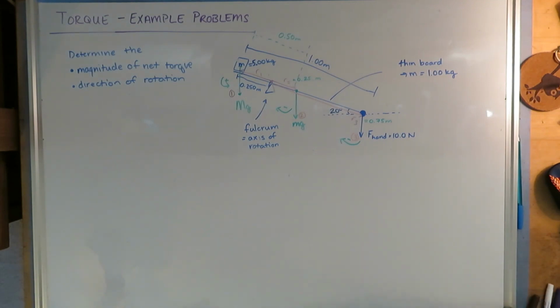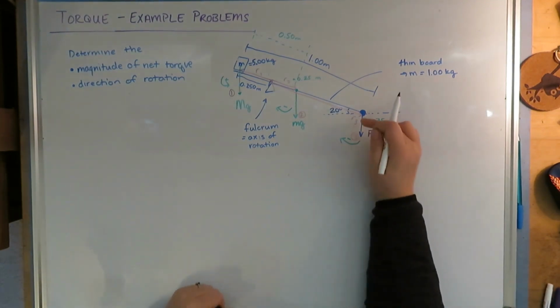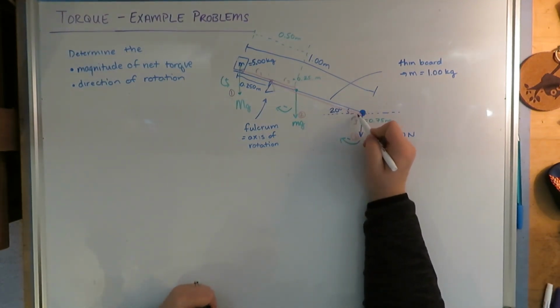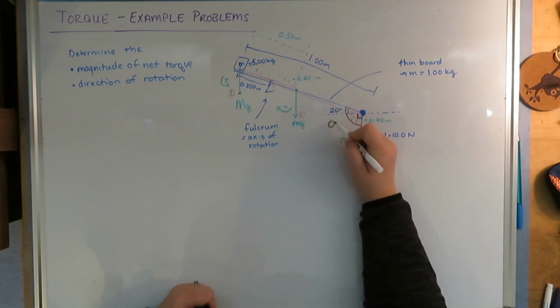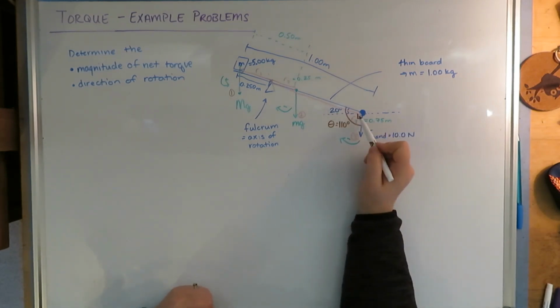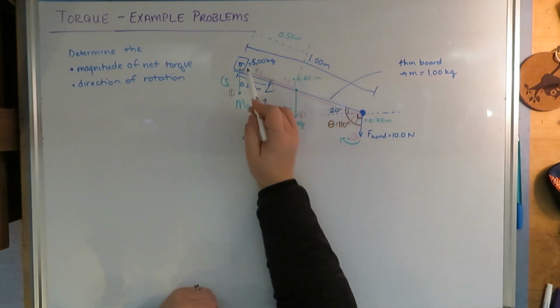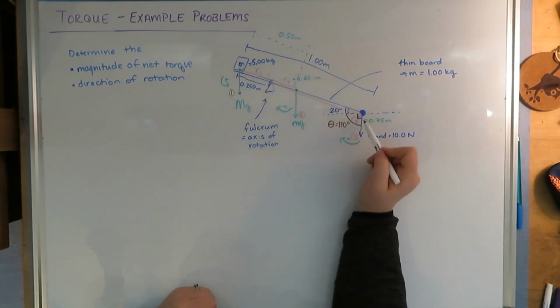If I wanted to figure that out, it's pretty easy if I look here, because that 20 degrees makes a 90-degree angle right here with this force. So that means this whole angle right here is going to be 20 plus 90, which is 110 degrees. And that 110 degrees is the angle between R and F for all of these right here.